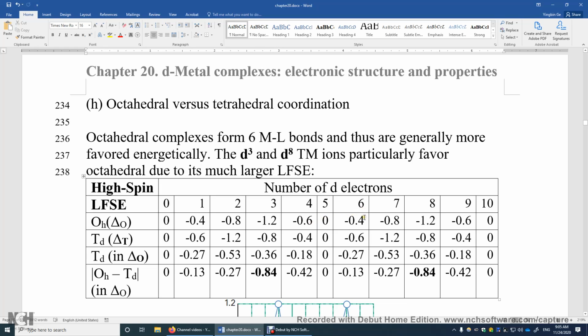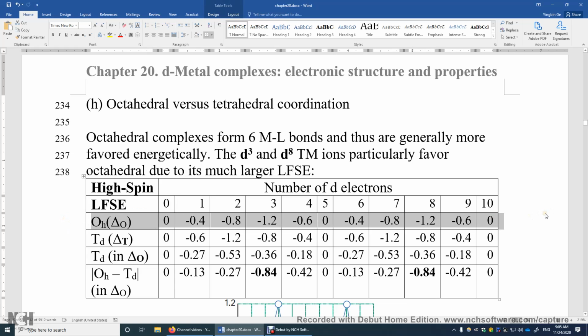You have one more electron in one of the lower energy T2g orbitals, and you have an additional negative 0.4 delta O, and so on. And this row tells you the amount of LFSE when you have between 0 and 10 d electrons. Those are the LFSE for the octahedral complex in the high spin electronic state.